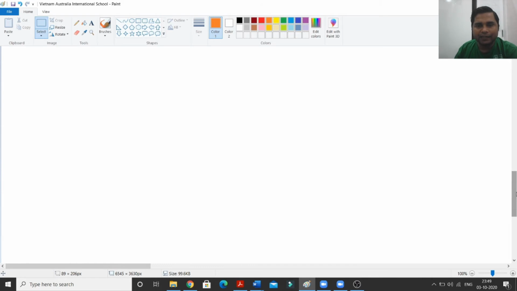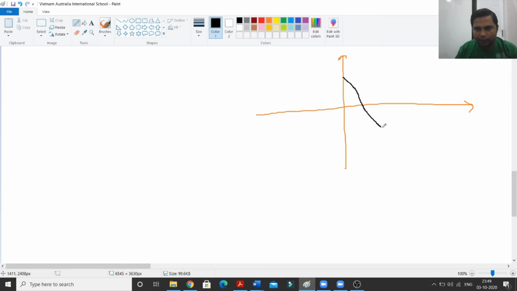You can analyze this question using the graphical method as well. I'm going to sketch the graph of cos theta between minus 360 and 360. That's how the graph looks. It's symmetrical about the y-axis as it is an even function, right?